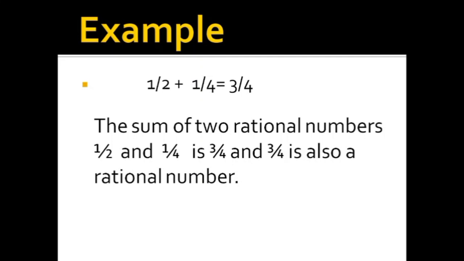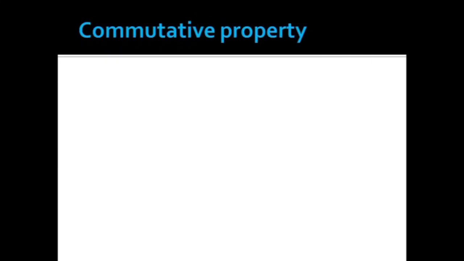You can see in the example the first rational number is 1 upon 2. Second rational number is 1 by 4. If these two are added, the result is 3 upon 4. So the sum of the two rational numbers 1 upon 2 and 1 upon 4 is 3 upon 4, which is also a rational number.